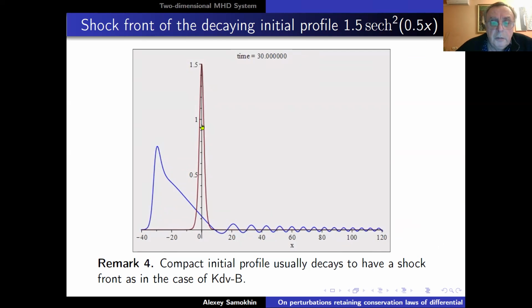This is the initial profile, and this is its deformation or decay at time 30 units.